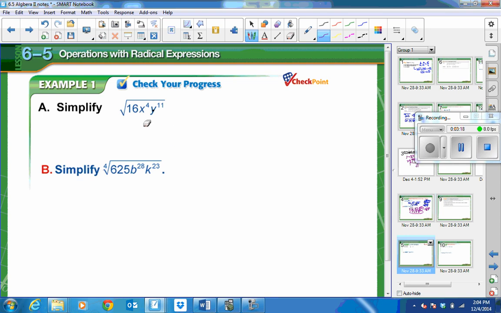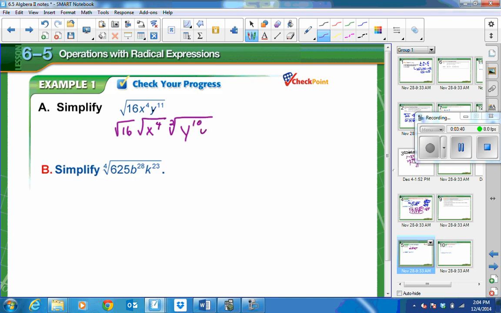Now we have the square root of 16x to the 4th y to the 11th. So we're going to break that down into the square root of 16 times the square root of x to the 4th times the square root of y to the 11th. But because our index is understood to be 2, we want to talk about the nearest multiple of 2 to 11.